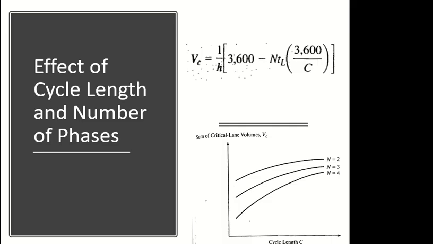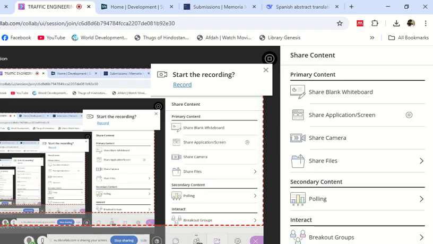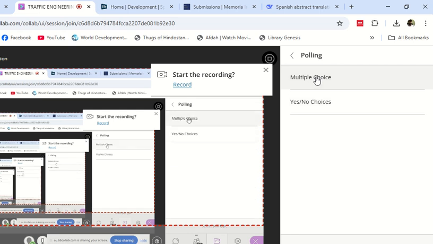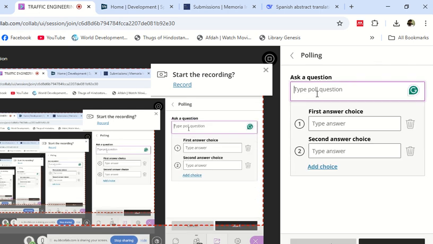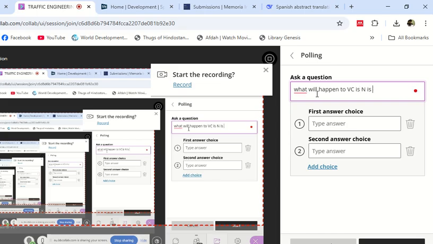Now if you look at this equation, what will happen to Vc if I increase the number of phases? What will happen to Vc if N is increased?